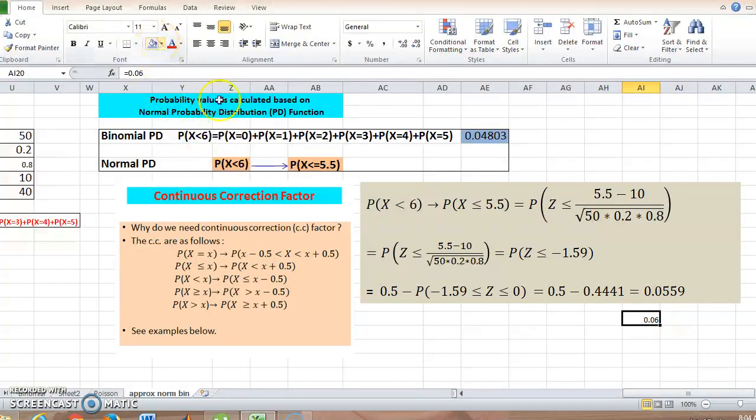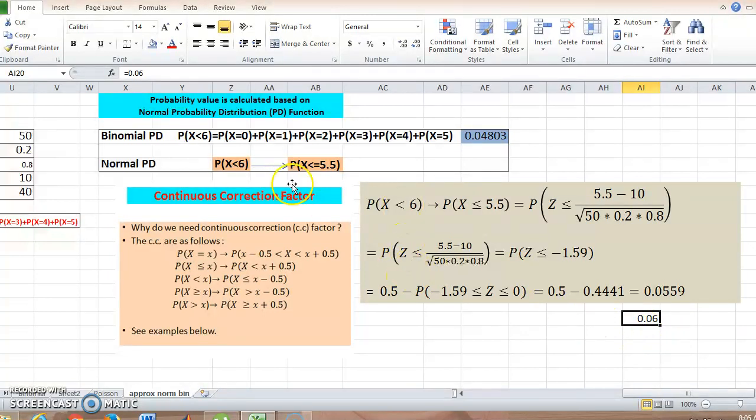Okay, now by using the normal probability distribution function for the event of interest, probability x less than 6, you will get 0.06, around 6%.